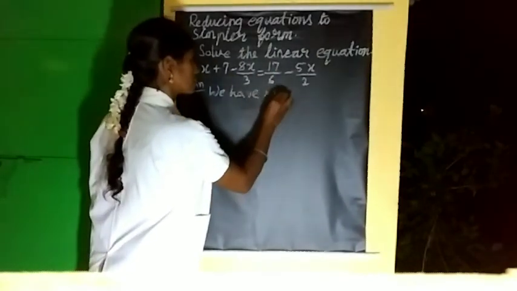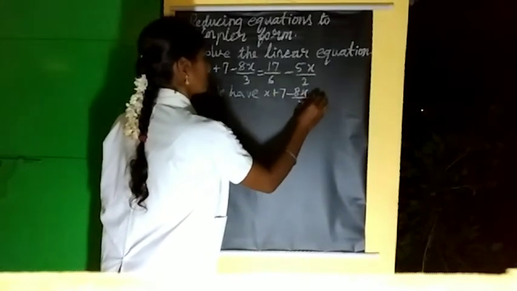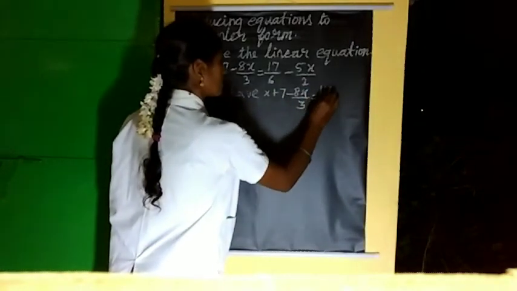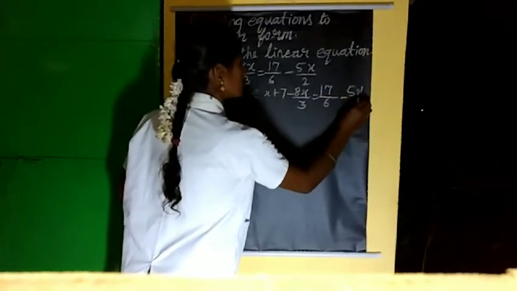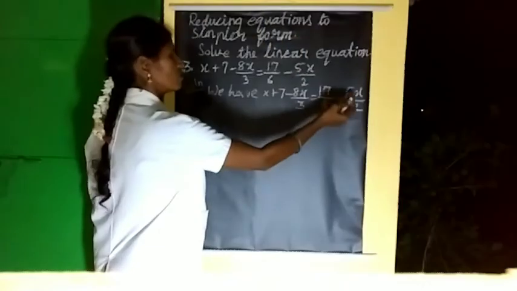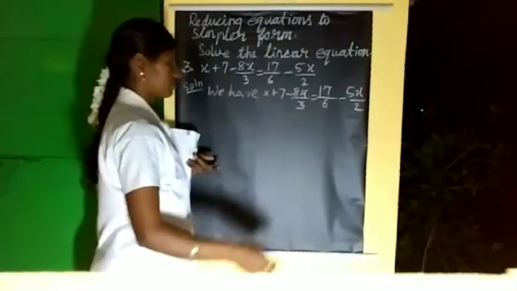So first bring the x terms to the LHS and the numbers to the RHS.